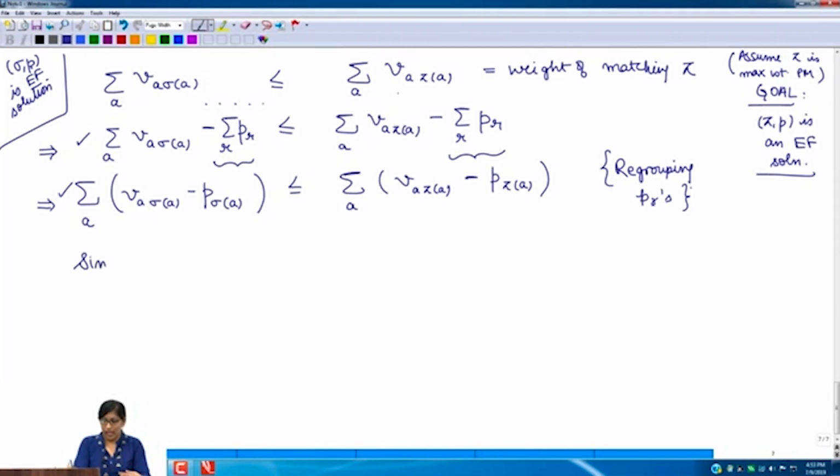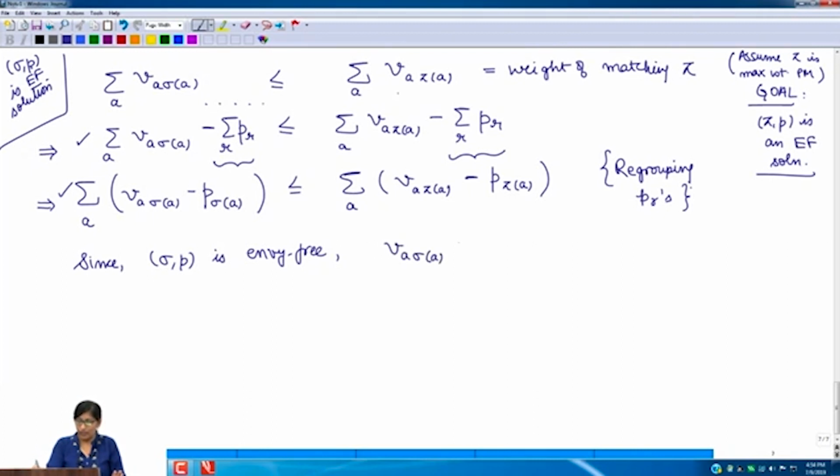So now, since we had assumed that sigma comma p is NV free, can someone tell me what would be the next argument? Remember, sigma comma p was NV free, and therefore I have this particular inequality that the utility agent A is achieving from room sigma A under the price P sigma A is at least the utility he is achieving from any other room R, right?